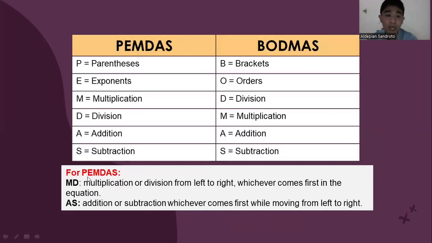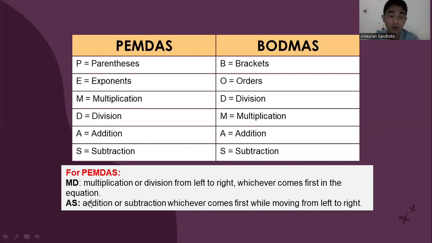Okay, for PEMDAS, multiplication and division must go from left to right. Whichever comes first in the equation, we have to solve from left to right, no matter if it is multiplication or division.